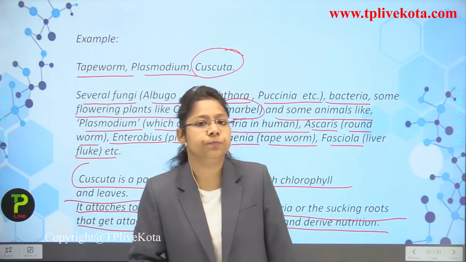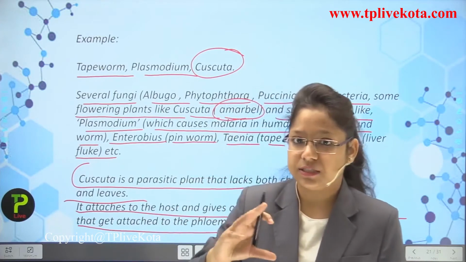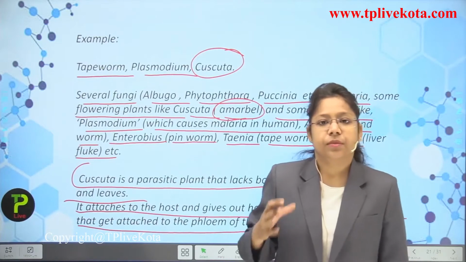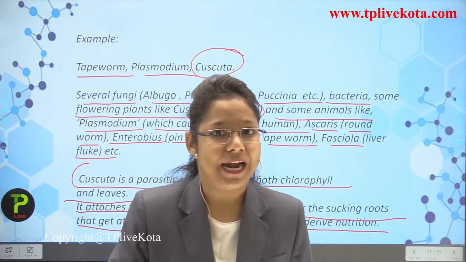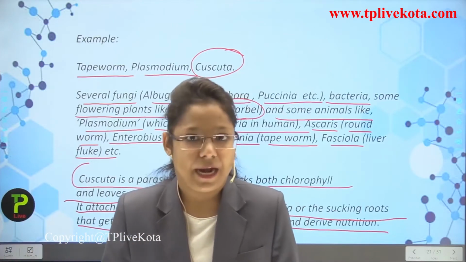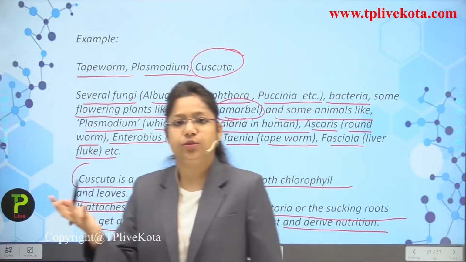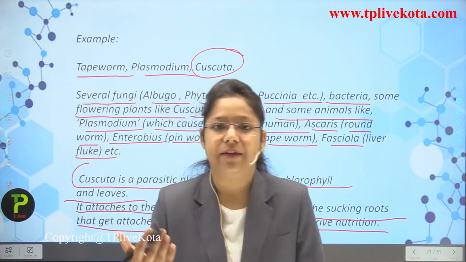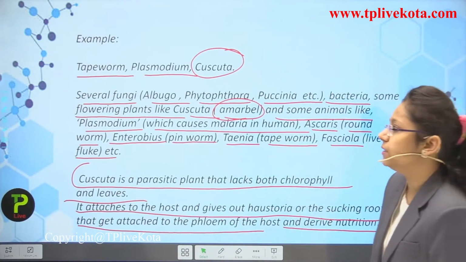So what does it do? It just creates the haustoria. Okay, haustoria is just the evagination which is created by the cuscuta plant. Now this haustoria gets the nutrition from the plant and gives it to the cuscuta plant. So it is just like a mediator between the two. So what it is doing, it is just destroying the other plant because it is surviving upon the nutrition of another plant, the amarbel, that is also known as cuscuta.